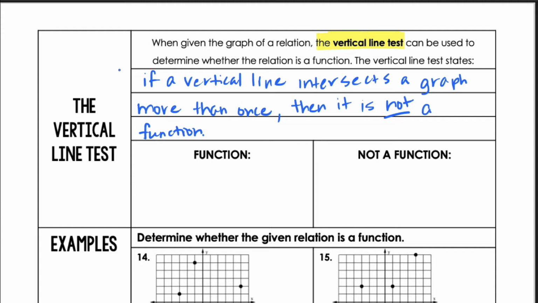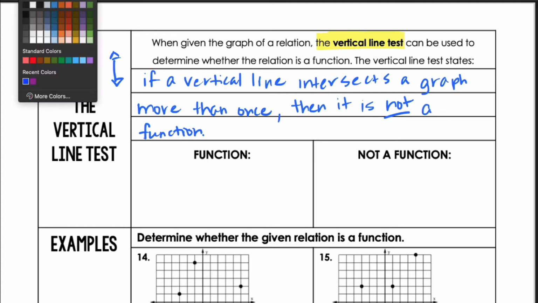So remember, vertical lines are going to be lines that go straight up and down. And the idea being that if I were to draw a vertical line, or even hold your pencil on top of the graph straight up and down like a vertical line, and drag your pencil from left to right across the graph, that vertical line should never cross the graph or intersect more than one point as you drag it from left to right. Okay.